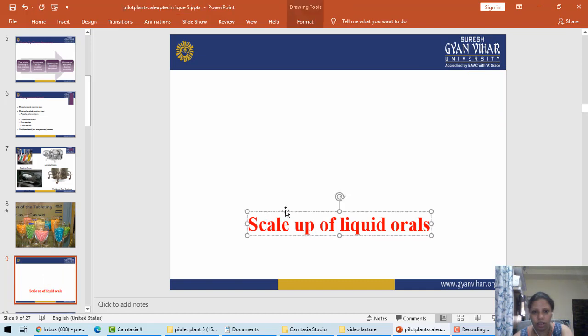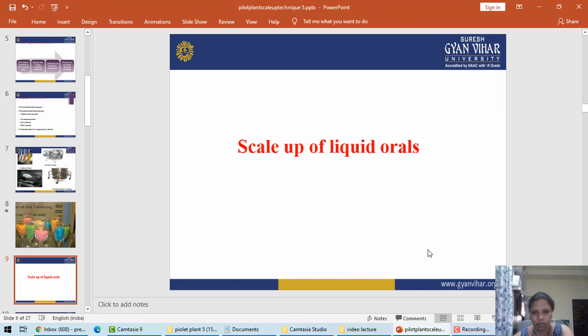Okay, so this was related to the tablet coating. Now come to the scale up of liquid orals. We have already discussed the complete scale up of tablet dosage form, or we can say solid dosage form.